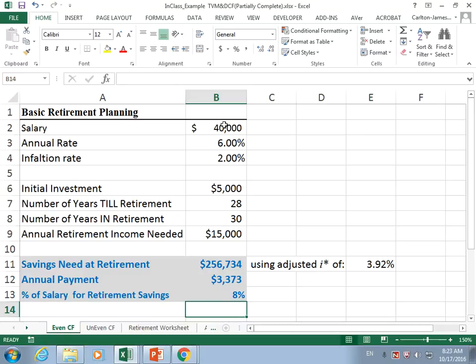I'm just saying this is an alternative to having a fixed payment, okay, and a changing percentage. You can have a fixed percentage and a changing payment. In fact, for most people, at the end of the year, the amount you save really depends on how much you've made that year. Okay, so the next thing we deal with then are uneven cash flows.